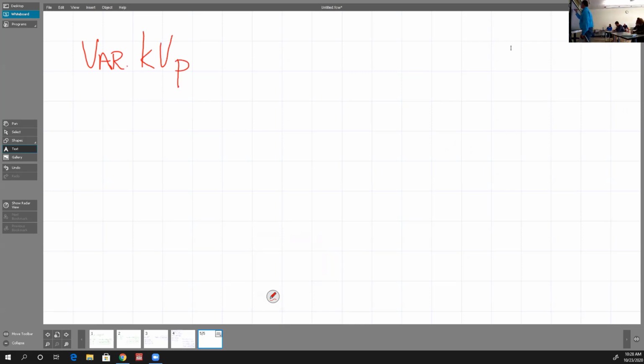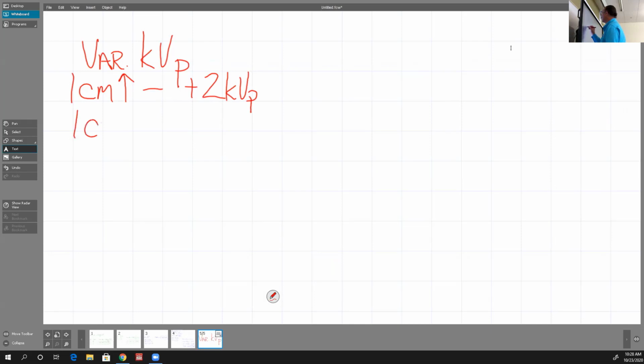For every 1 cm increase, you would add 2 kVp. And for every centimeter decrease, you would subtract 2 kVp, per centimeter.